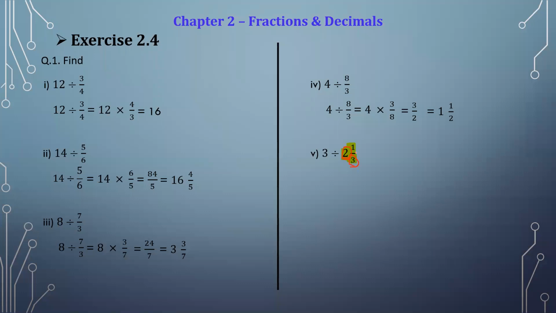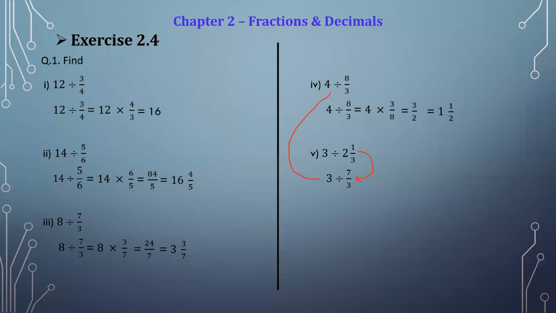So 6 plus 1, 7, and the denominator is going to remain as it is. In this way, this mixed fraction is converted into an improper fraction, which is 7 upon 3.